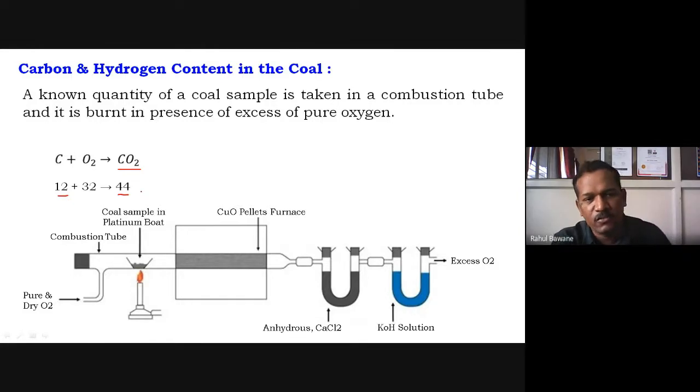Suppose I change the unit to kg. 44 kg of CO2 requires 12 kg of carbon. So for 1 kg of CO2, the carbon required is 12 by 44. Correct? From this, we come to know the carbon percentage.